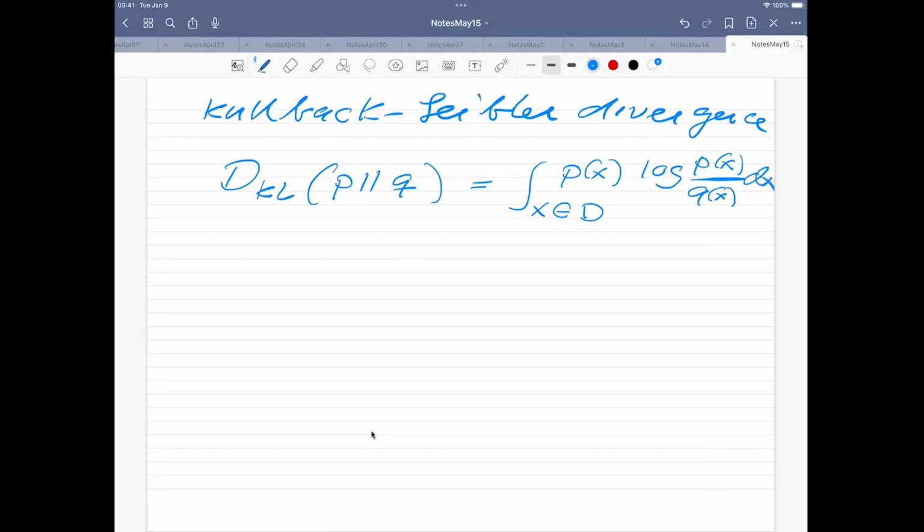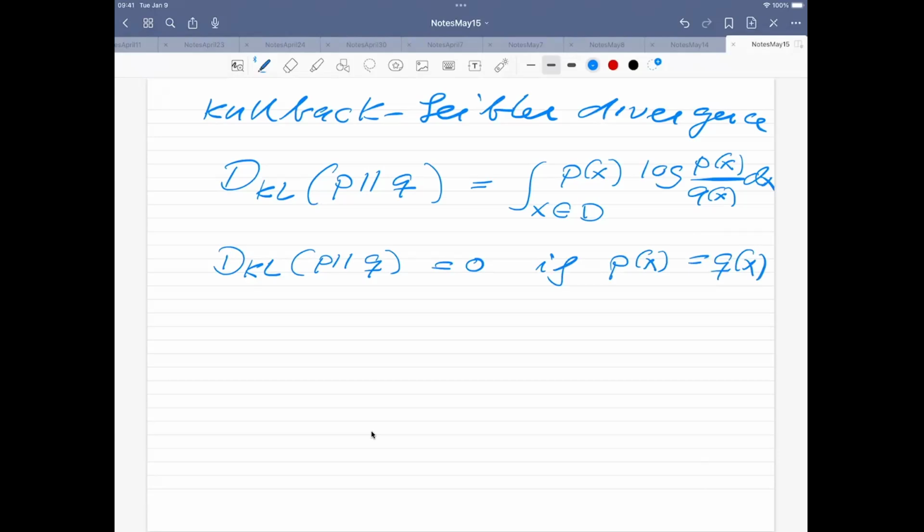And you see then that this DKL of P and Q is actually equal to 0 if P(x) is equal to Q(x). So this is used as a measure for the distance between two probabilities.